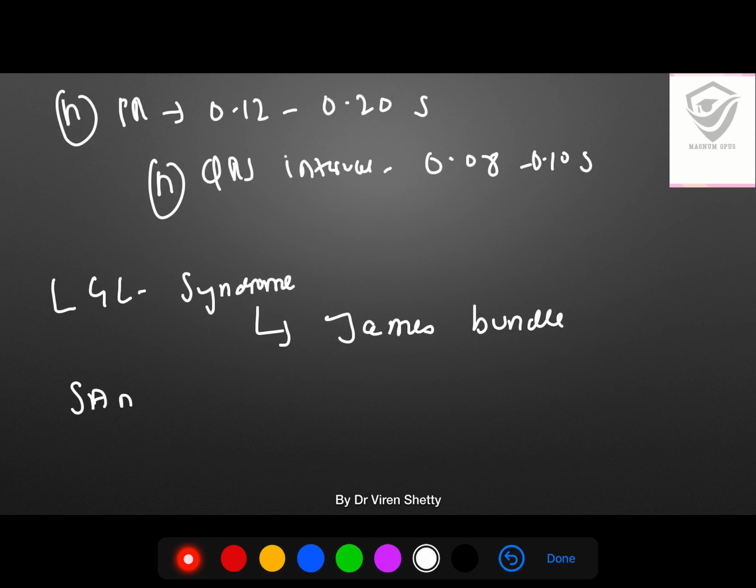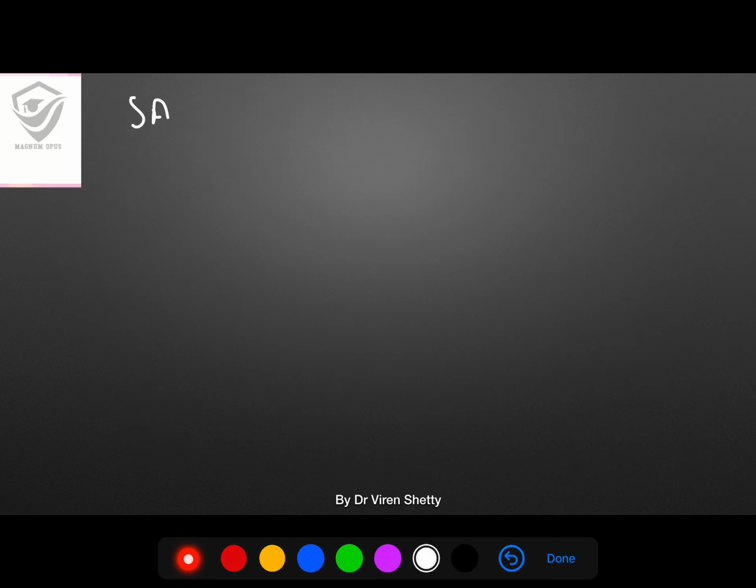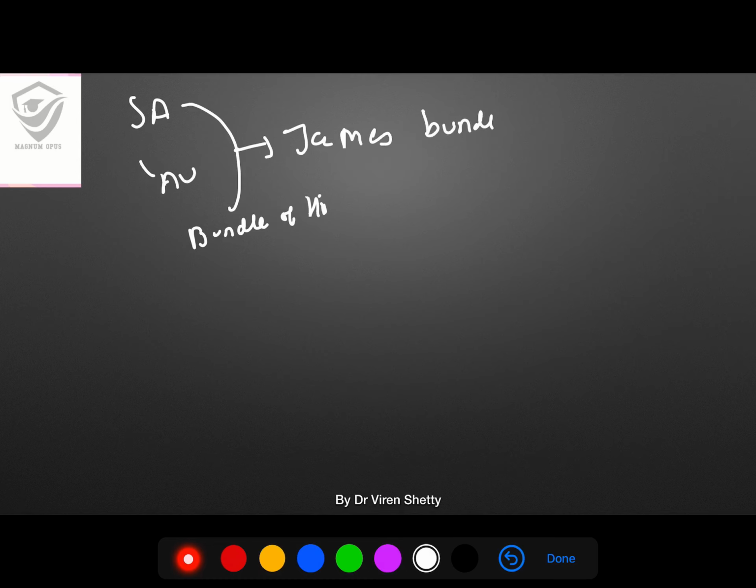From the SA node, the current will directly reach the bundle of His and it will miss the AV node, via the aberrant pathway, that is the James bundle.